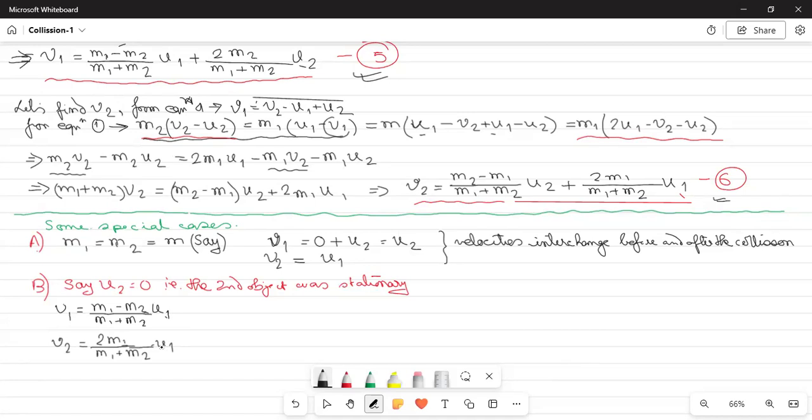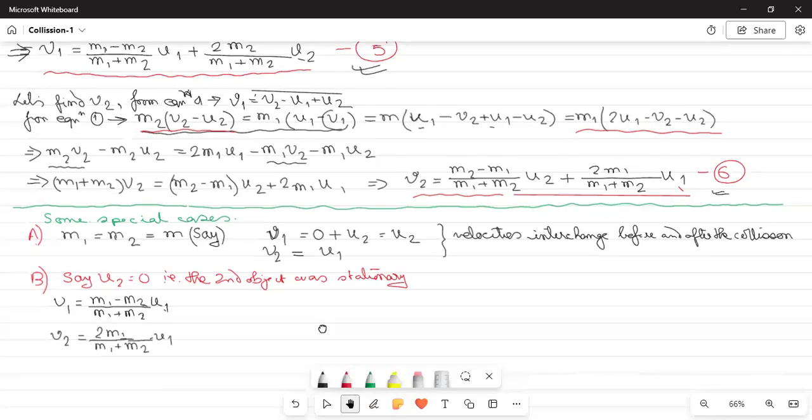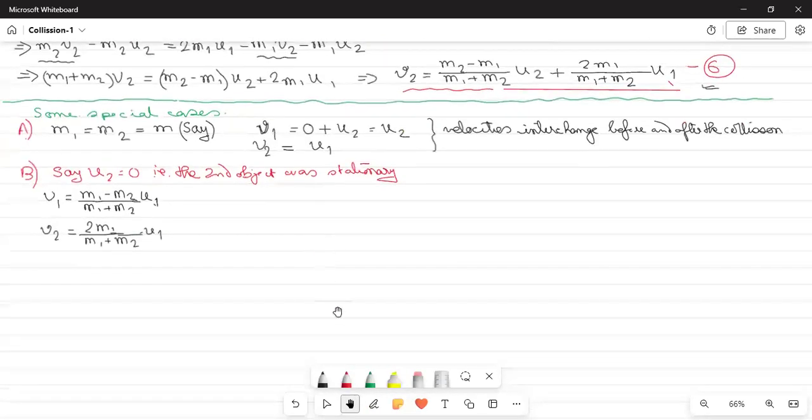This is the equation. Now let us subdivide this into other parts.